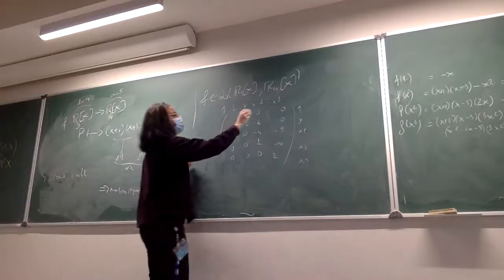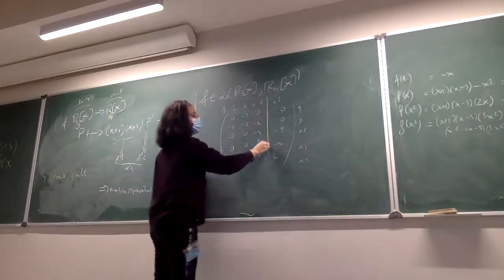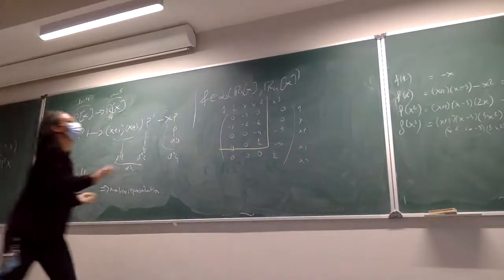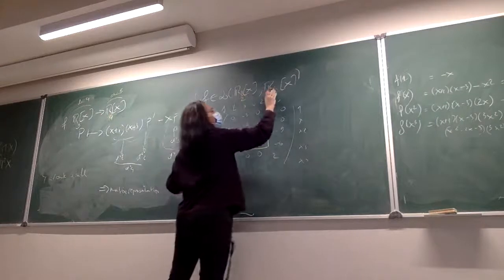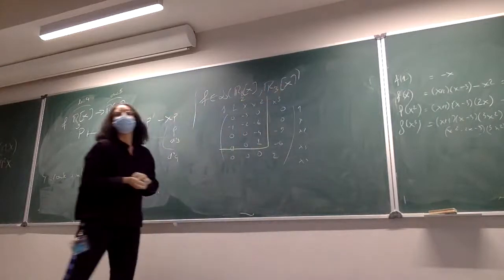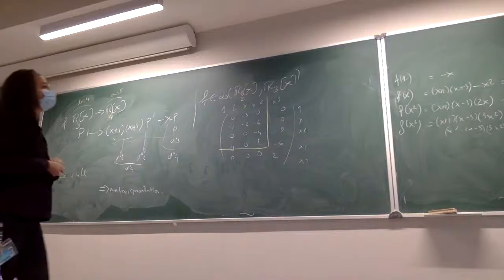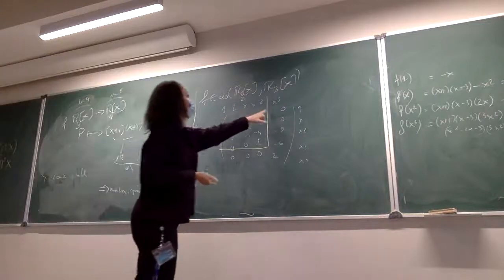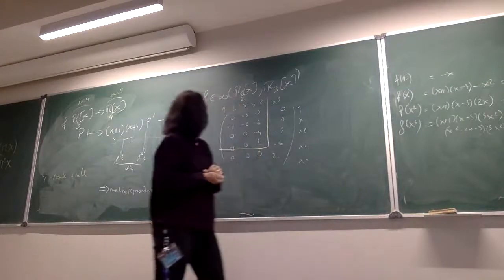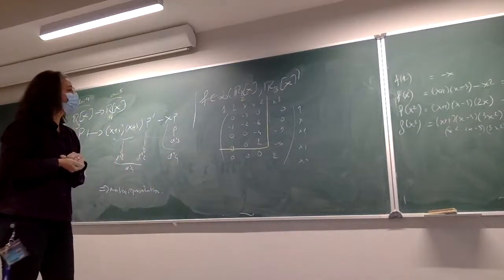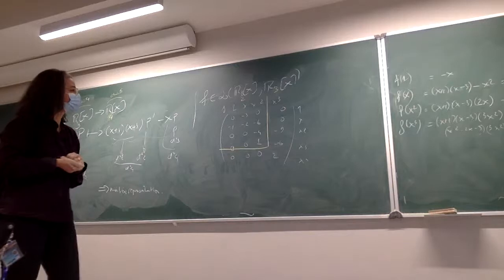If I restrict it to R2x with image, then in R3, that's going to restrict to this one. So for this one, it's easier to look for eigenvalues. So for eigenvalues, you have to add a zero column.